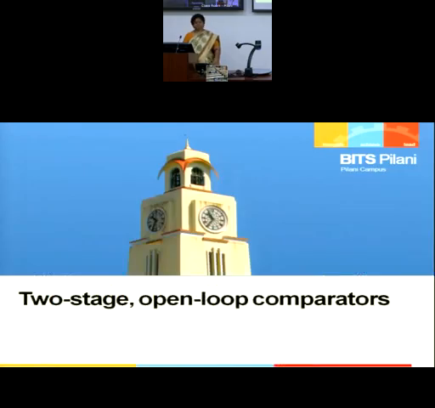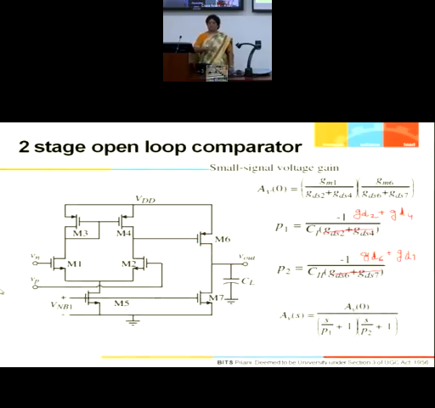Till date it is only a single stage comparator. Now we come to two stage. Slowly we are moving stage by stage. A two-stage comparator may have two dominant poles. Since it is an open loop configuration, you do not need compensation.